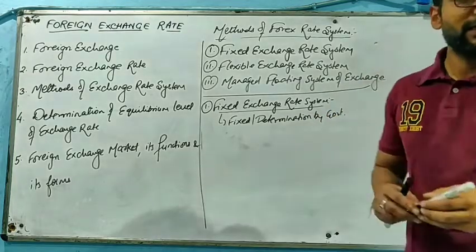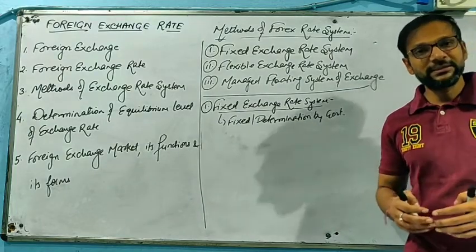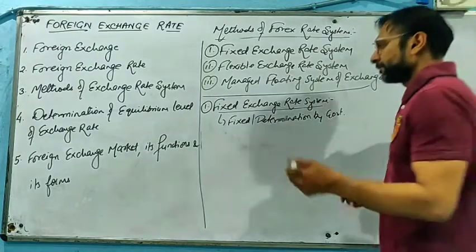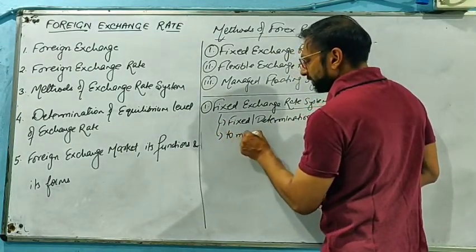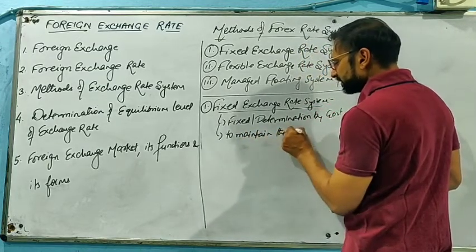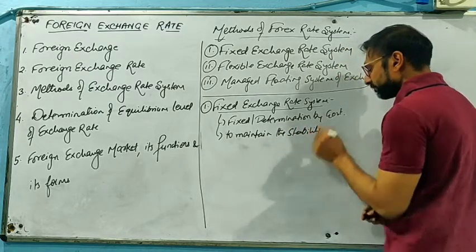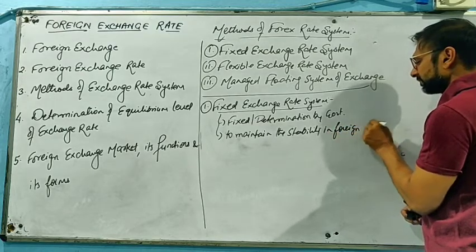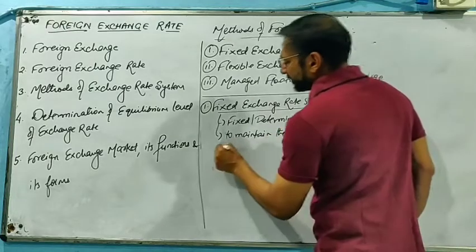It means government has the sole right to determine the domestic currency in terms of foreign exchange or foreign currency. Now, second, government decides to maintain stability in foreign trade and capital.